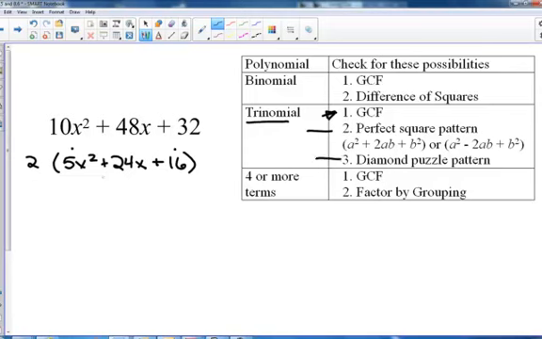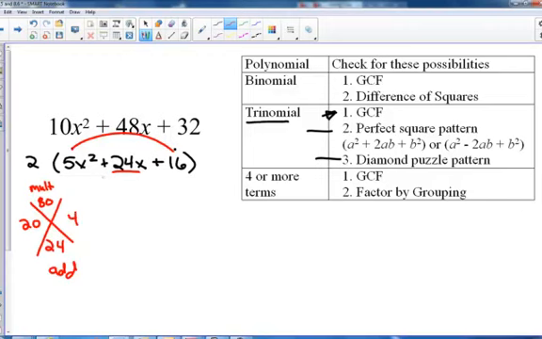So now I'm going to do the diamond puzzle. This is the long way of factoring. So 5 times 16 is 80. So it's going to multiply to give me 80 and add to give me 24. So my two numbers are 20 and 4.